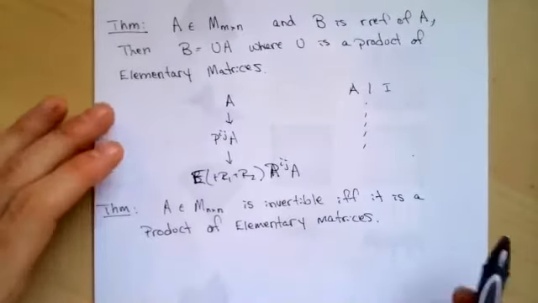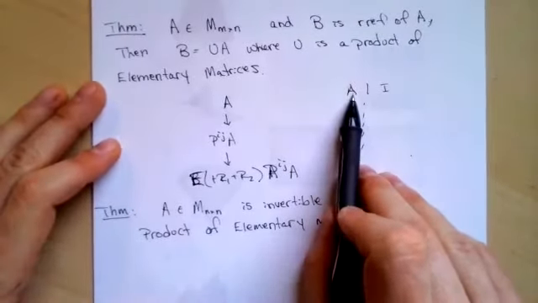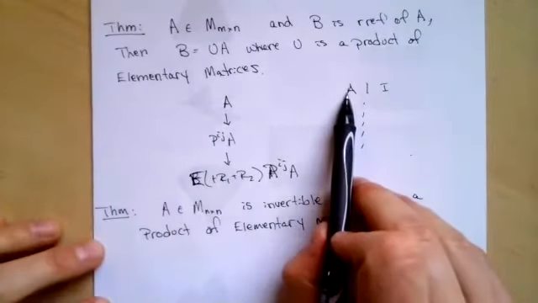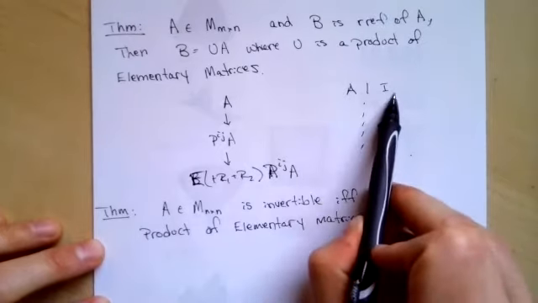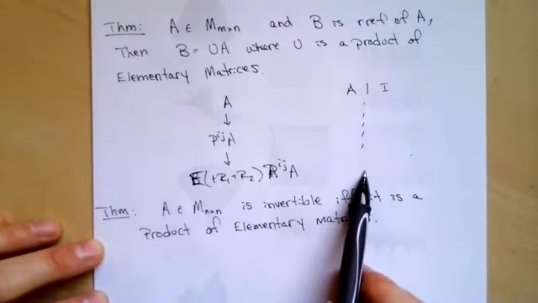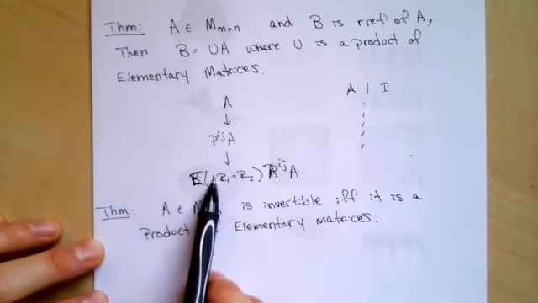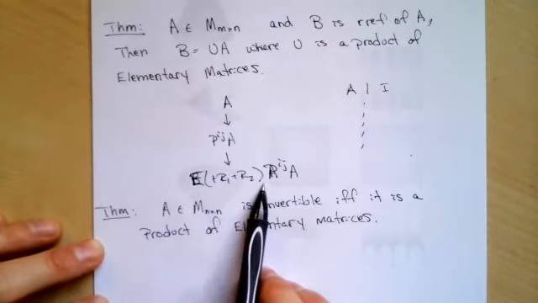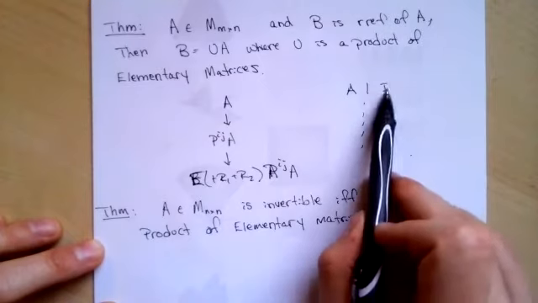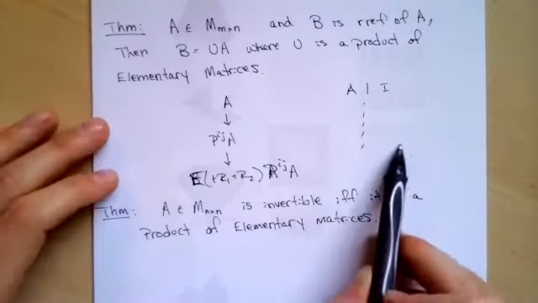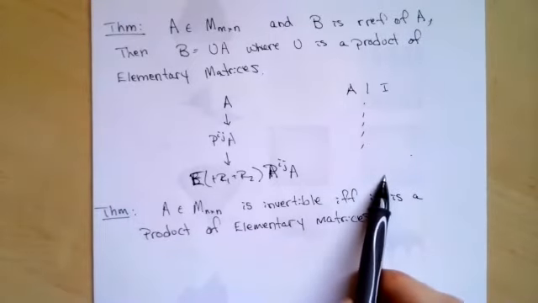So the idea behind that is, again, if we take a matrix, how do we find an inverse for A? We write A, and then we adjoin an identity on the right, and then perform a sequence of elementary operations, which we can now phrase in terms of a product of elementary matrices. And then that resulting product that we are performing on the identity will give us that inverse on the right.